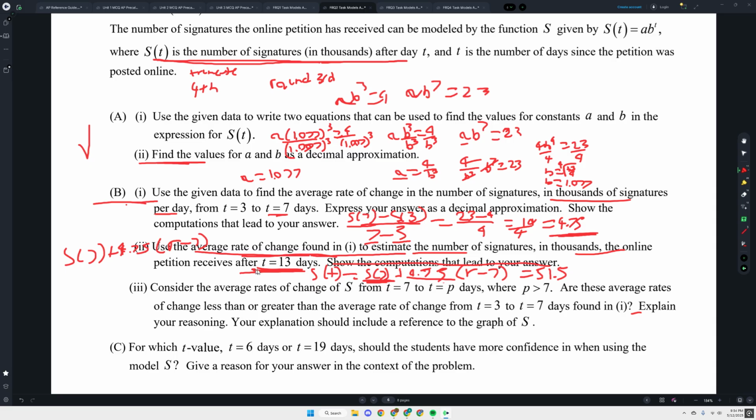After 13 days, that's 13 minus 7, so that's going to be 6 times 4.75. S of 7 would be 23, and this would be 51.5. Does that make sense? Hopefully that made sense to anyone that didn't understand that.